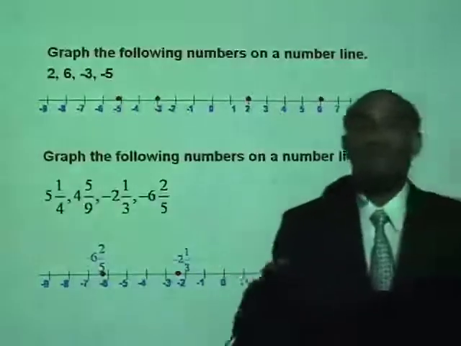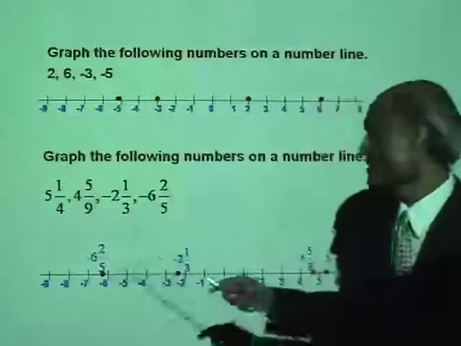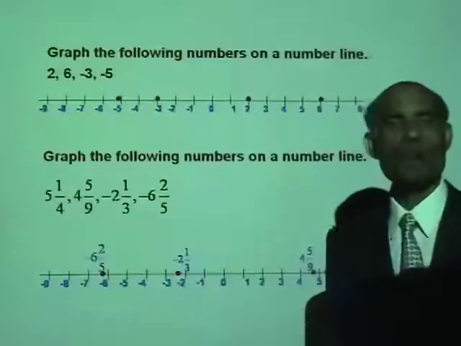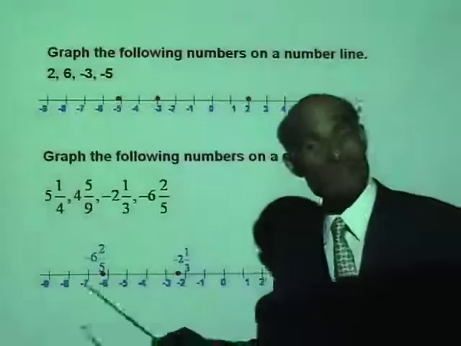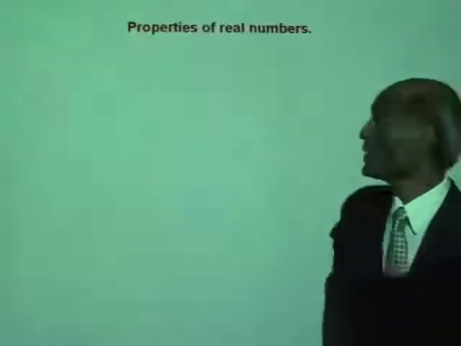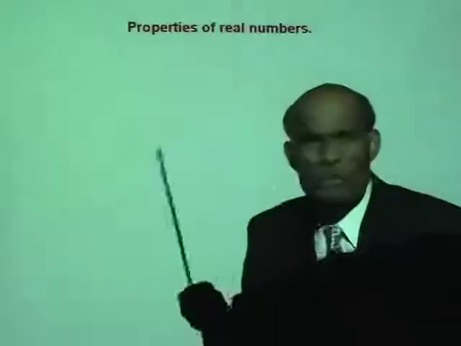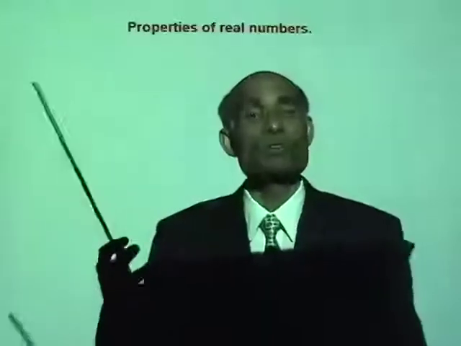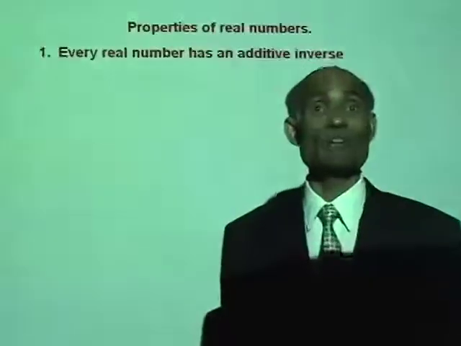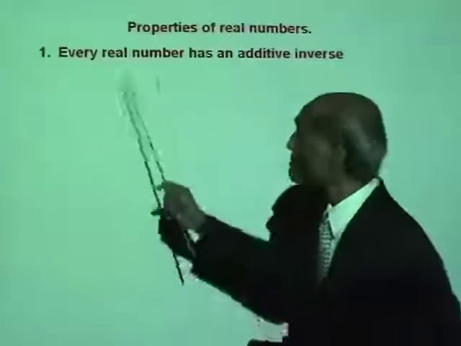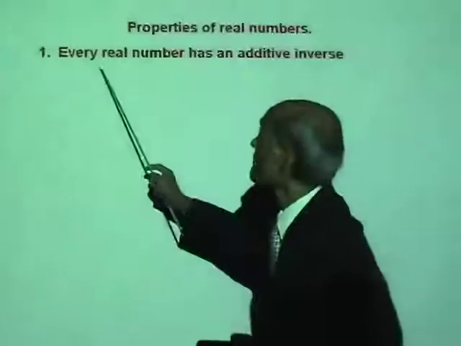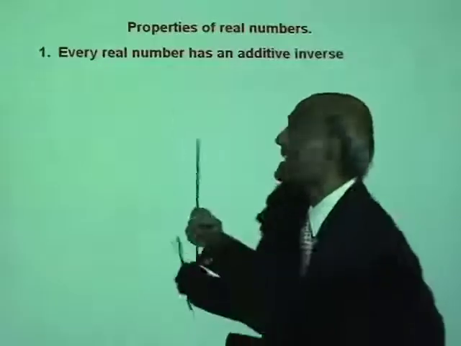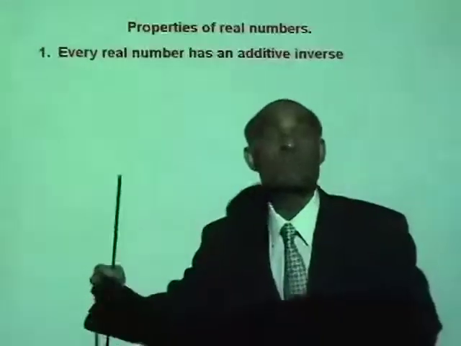So any real number can find a position on the number line, and you must be able to mark the numbers on the number line. We will now talk about properties of real numbers. What are some of the important properties of real numbers? The first property says every real number has an additive inverse.